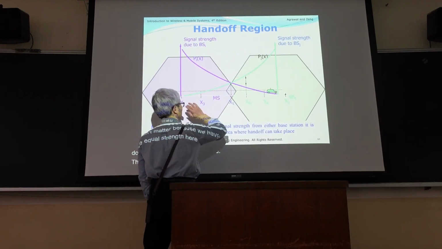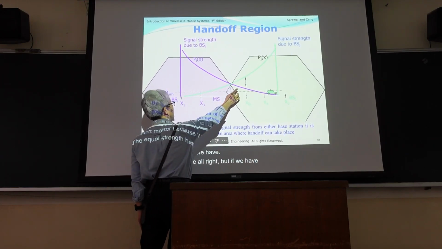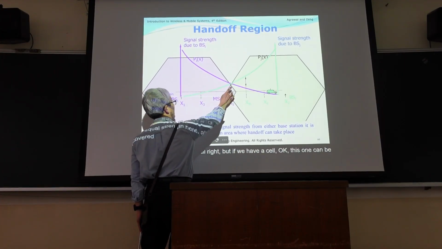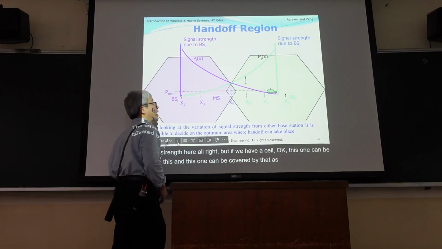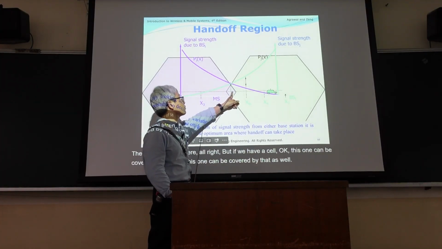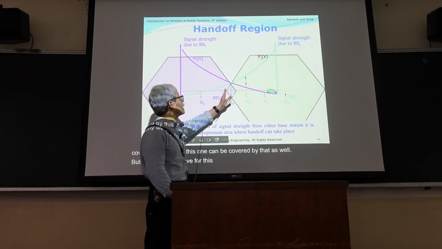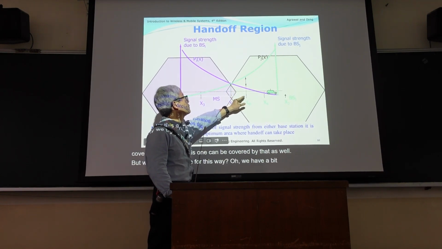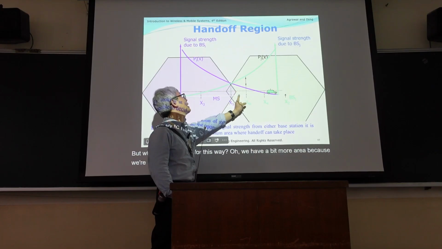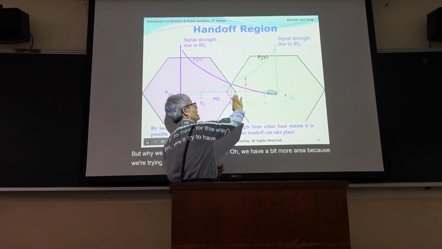Alright. But if we have a cell, this one can be covered by this, and this one can be covered by that as well. But why do we try to have it this way? We have a bit more area because we try to have the actual area to indicate.